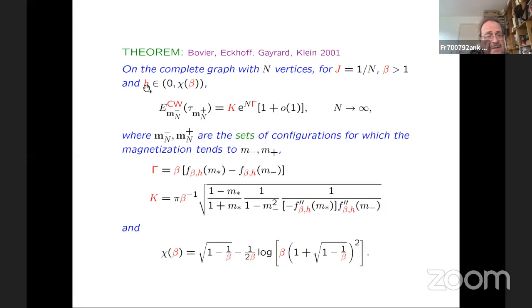And then there's a little observation, but very important observation. The h should not be larger than a certain threshold, and this threshold depends on beta, and it's very simple.